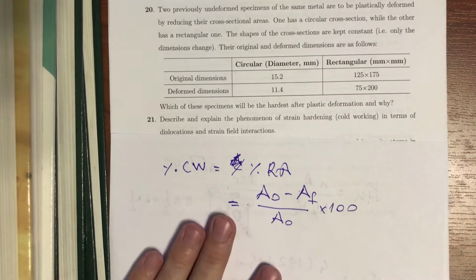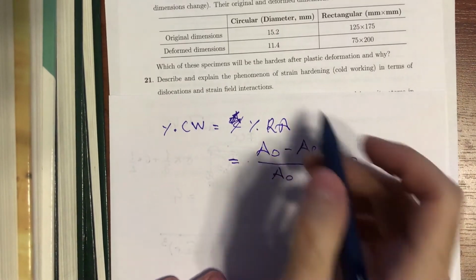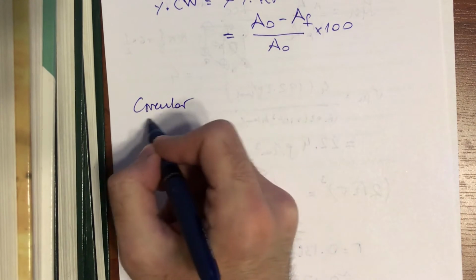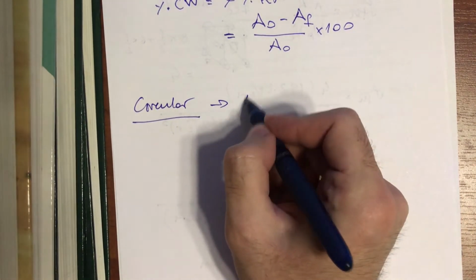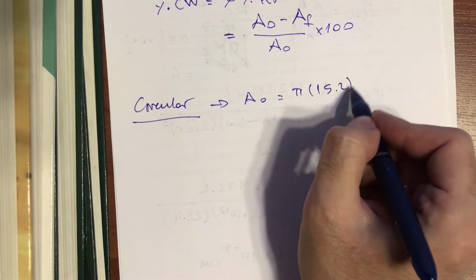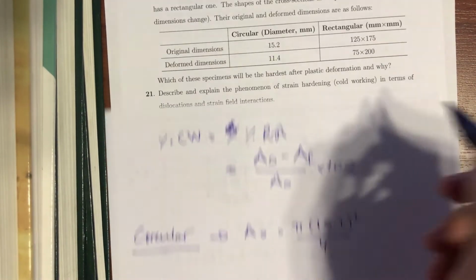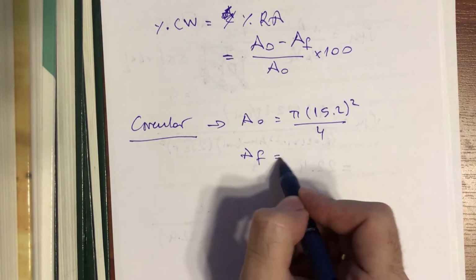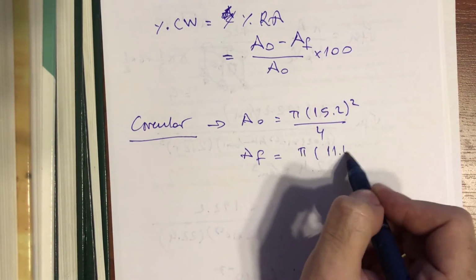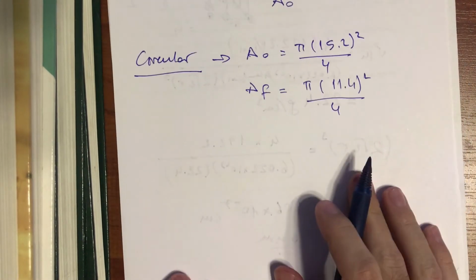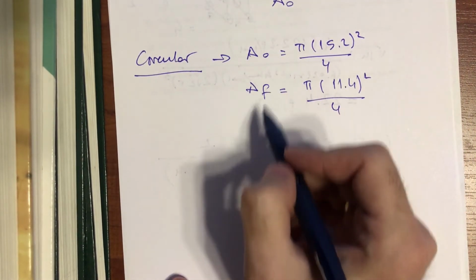Okay, so for the first specimen, the circular specimen, what do we have? The initial area is pi times 15.2 squared divided by 4. It's the diameter. And the final area is pi times 11.4 squared divided by 4. Take the difference, divide to A0.